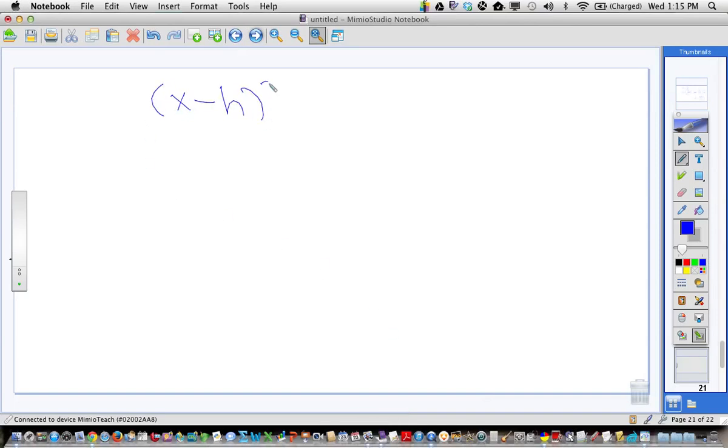Here is the equation of a circle. Right? That's the equation of a circle. And what's H and K? The center.